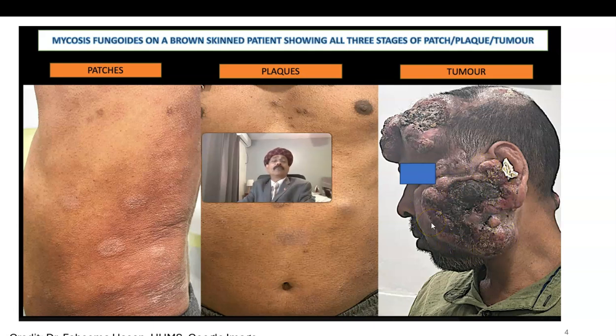It is called Mycosis fungoides but it is not caused by fungus; it looks like a mushroom, resembling a tumor. This was first described by a French physician nearly 200 years back, this type of mushroom-type skin cancer.